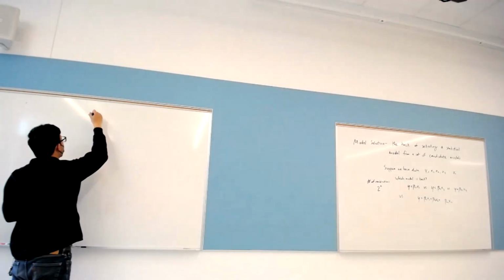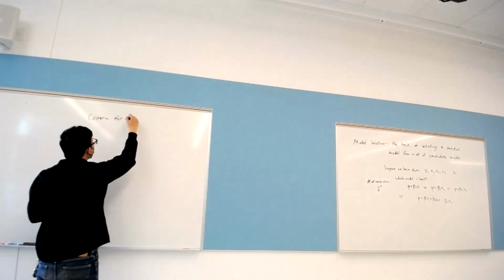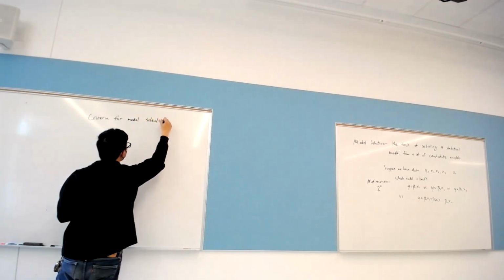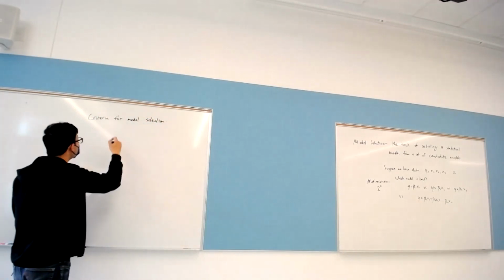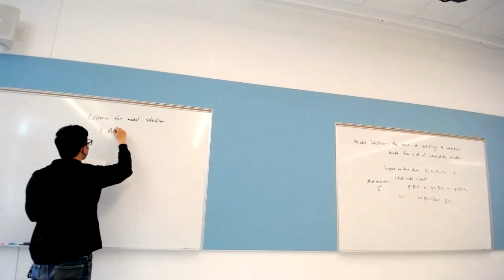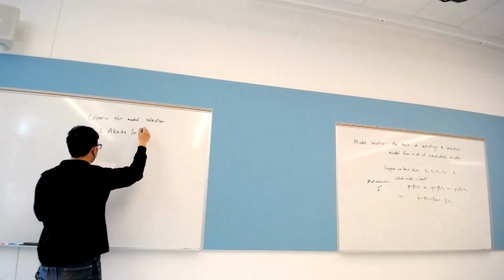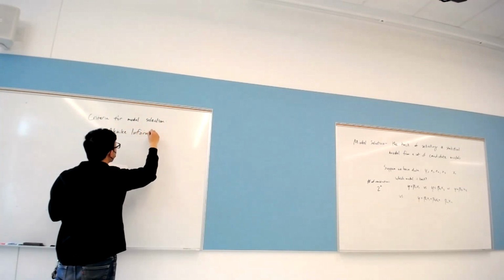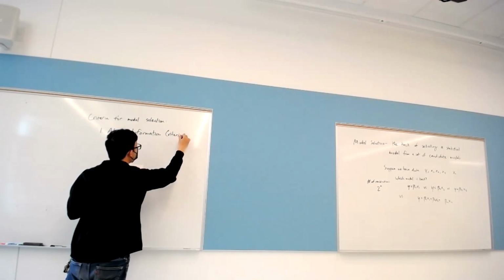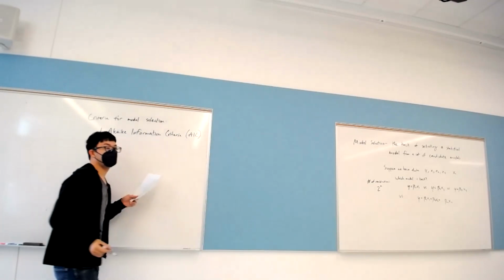Okay, so alternative criteria for model selection. We've got the Akaike information criterion. I don't know if that's how you actually pronounce it, because no one calls it that. It's always called the AIC.